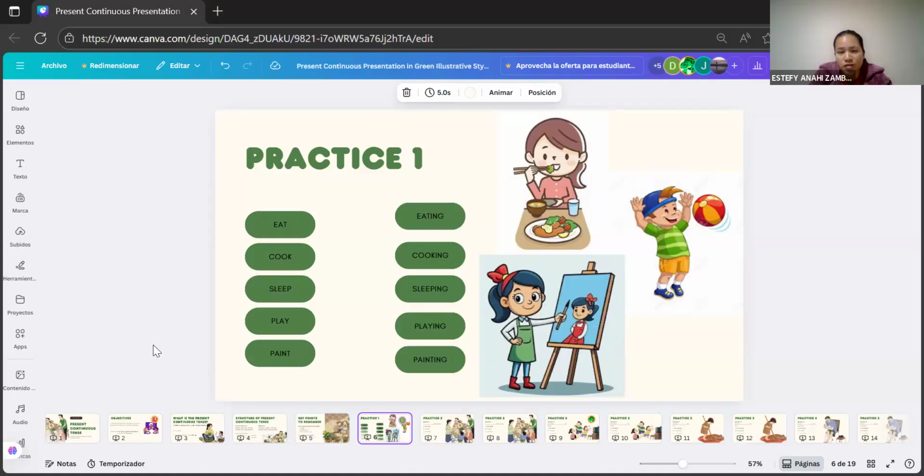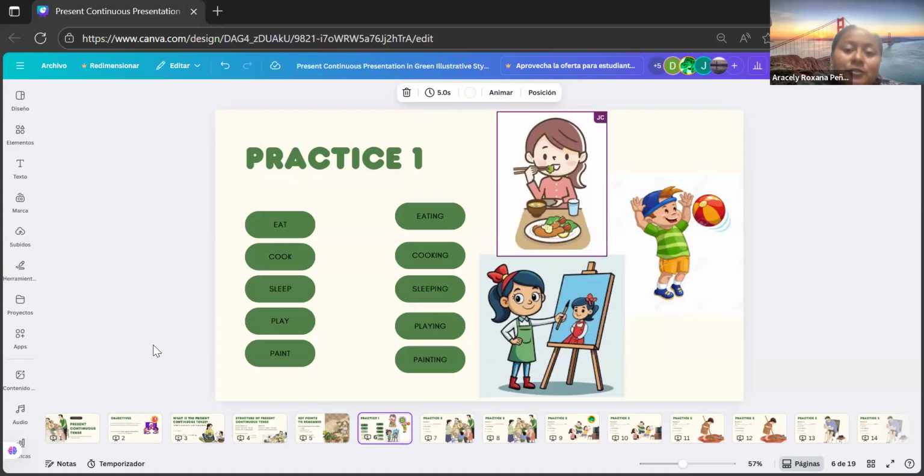First, look at the picture and tell me what the person is doing. What is she doing? She is eating.